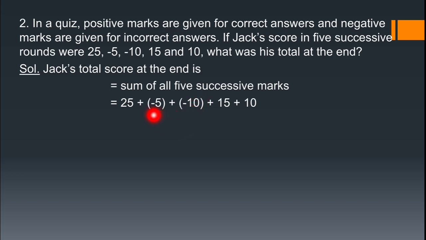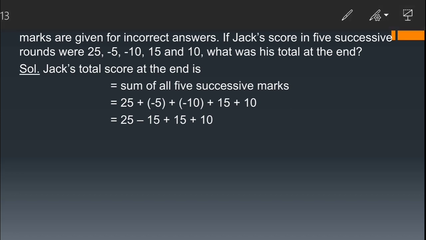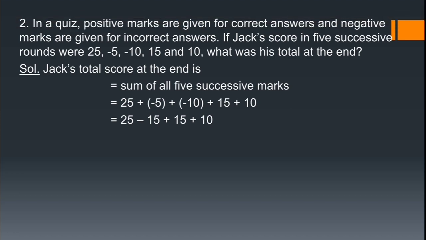Minus 5 and minus 10 both have a negative sign, so the resultant 15 will also have a negative sign. So we can write 25 as it is, plus in place of minus 5 plus minus 10 it can be minus 15, plus 15 is as it is and 10 is as it is.